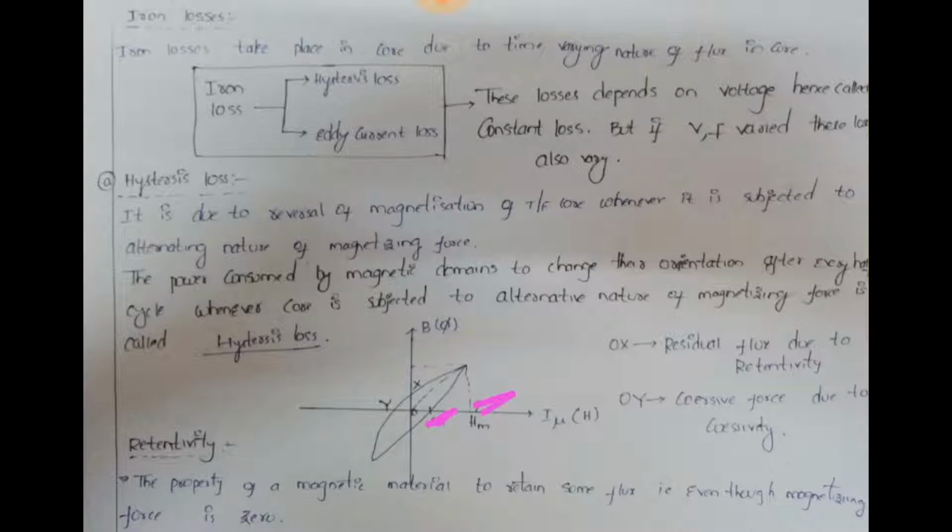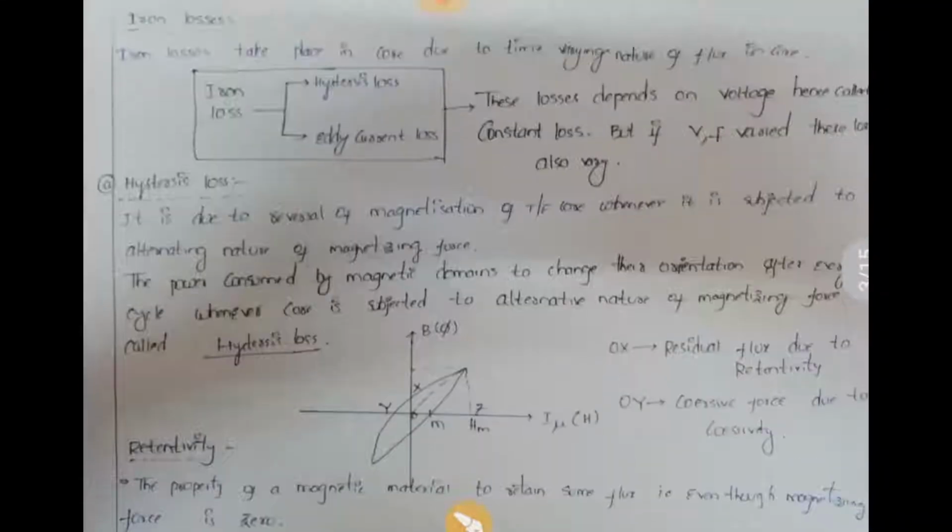In the first half cycle, after having some 0 to X flux, you have given 0 to m I mu current to reduce the flux to 0. Now only m to z current is used to magnetize the core in the second half cycle. This is called losses due to coercivity.